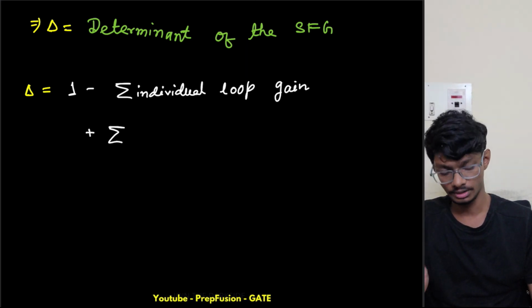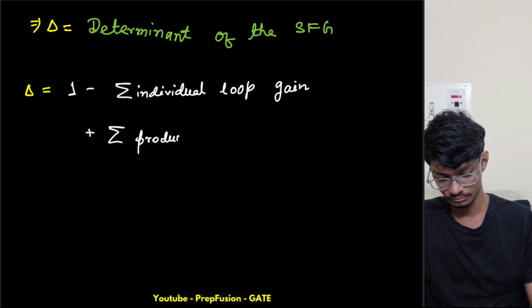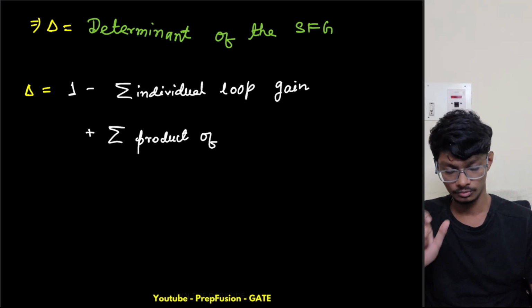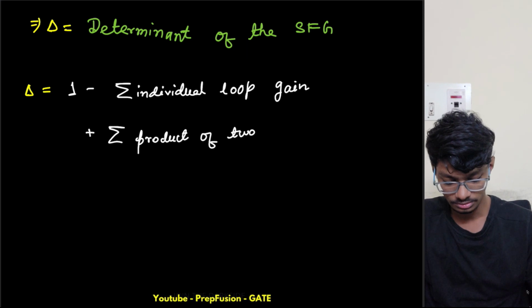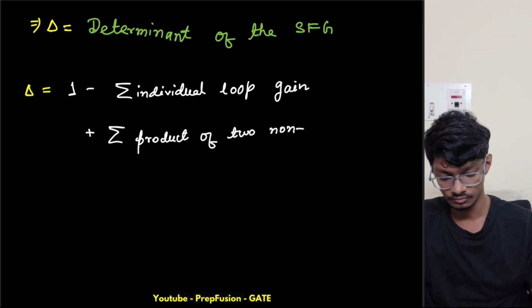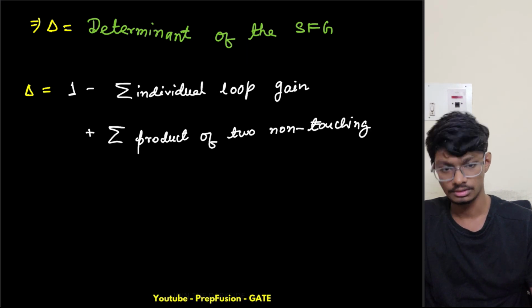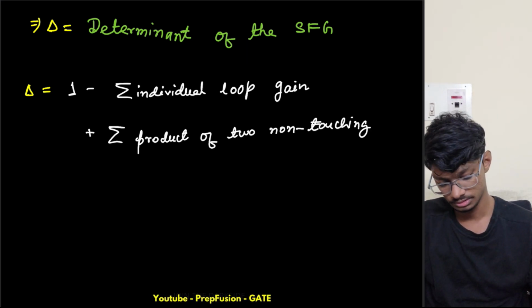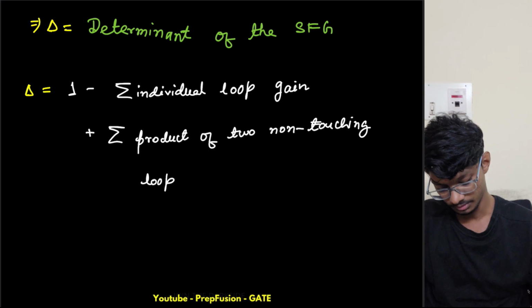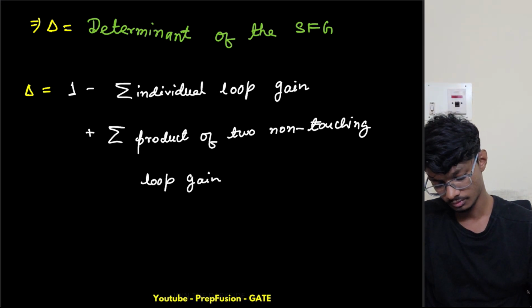product of two non-touching loop gains. You may ask, what do you mean by non-touching and what do you mean by the product of two? This I will explain with an example.